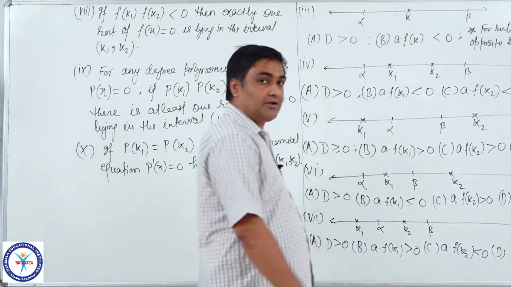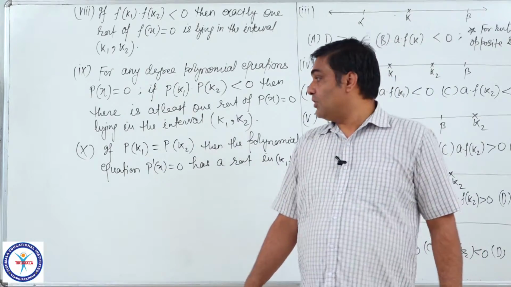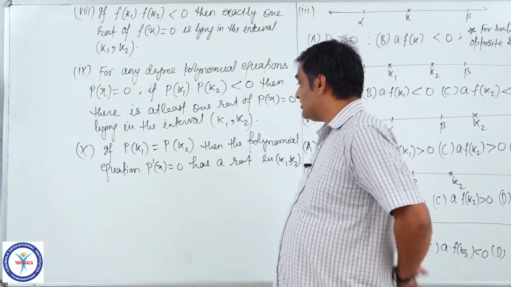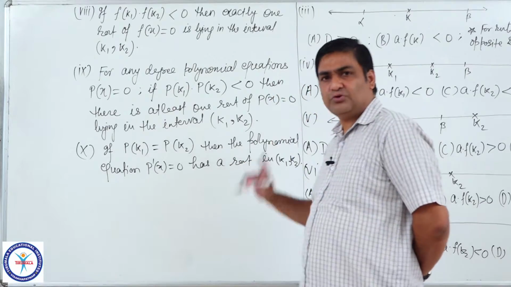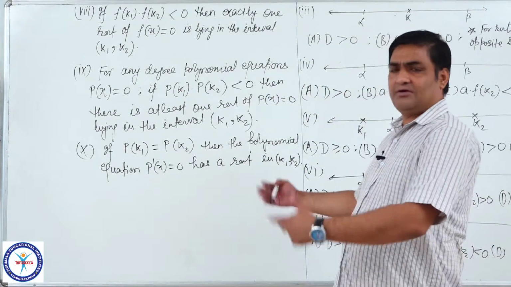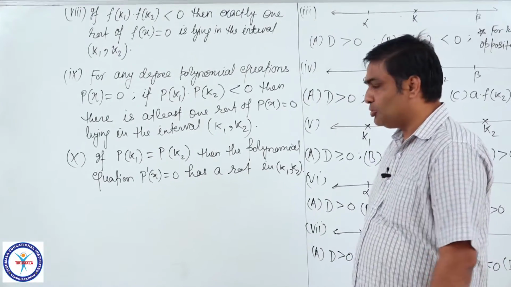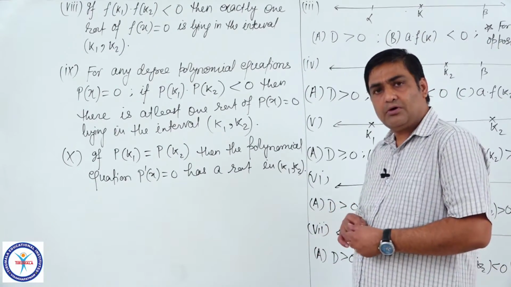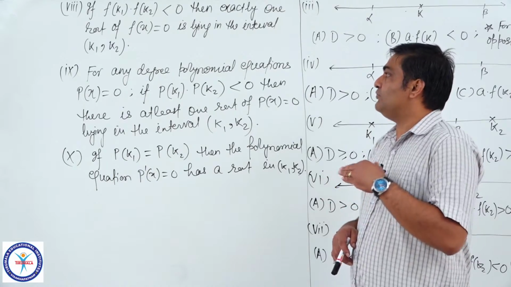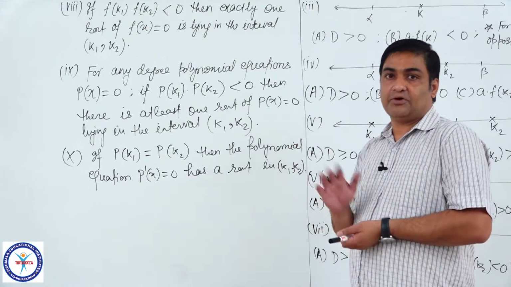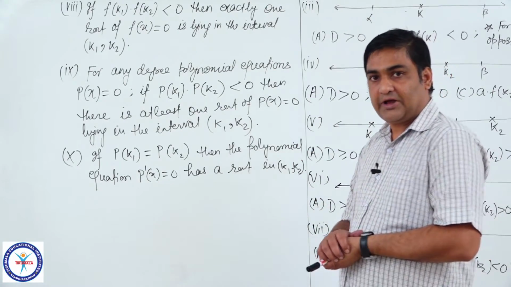Okay, this is the 10th point, which is actually Rolle's theorem, and we are applying it in the case of polynomials. Now, we will go through some examples of these cases. Okay?